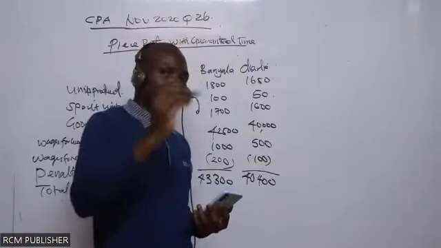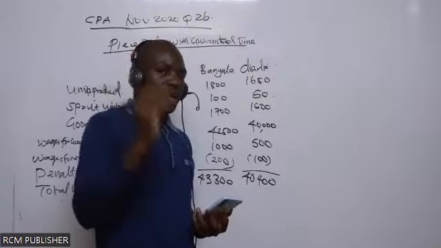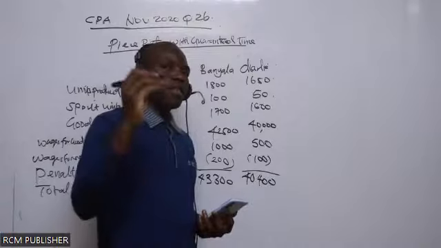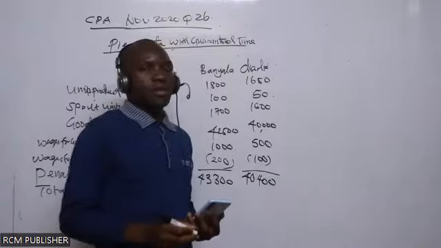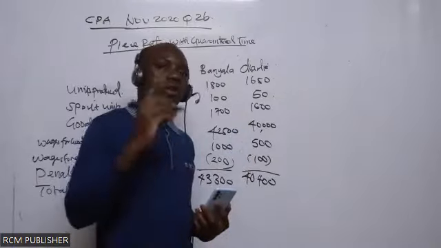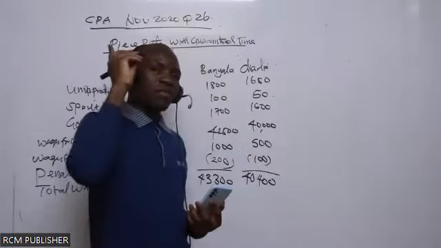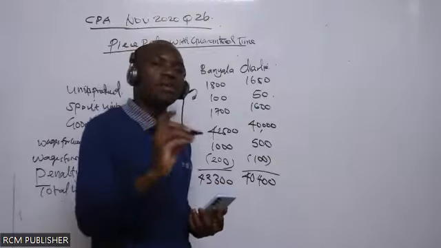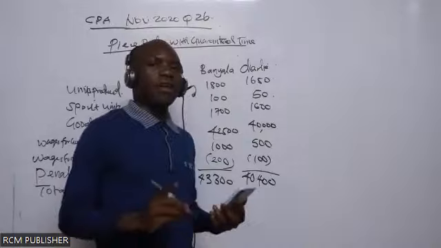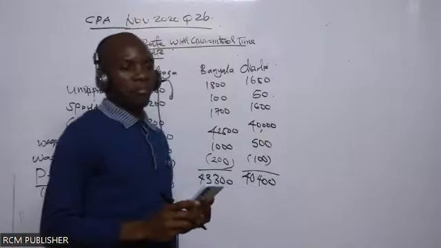So the minimum guaranteed wage for each month is 8,000. Even if you are supposed to be given 500 shillings, that is what you worked for, they will not pay you 500. They will give you 8,000 because it is the minimum guaranteed amount that each person should receive at any given time.